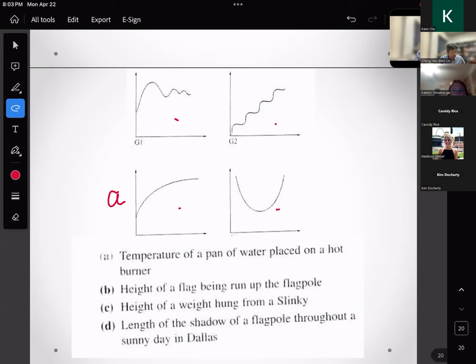Next, height of a flag being run up the flagpole. Which one? Top or bottom?